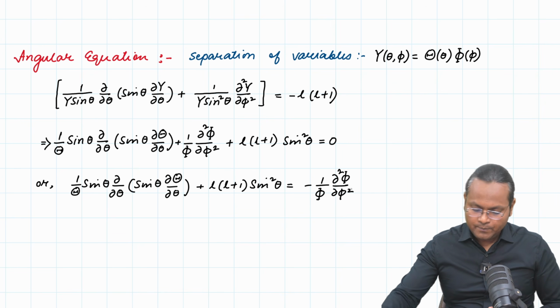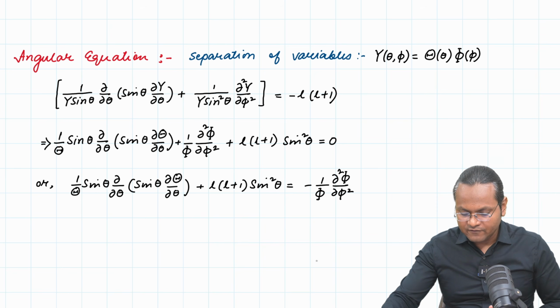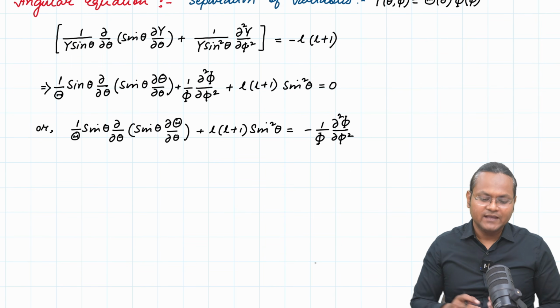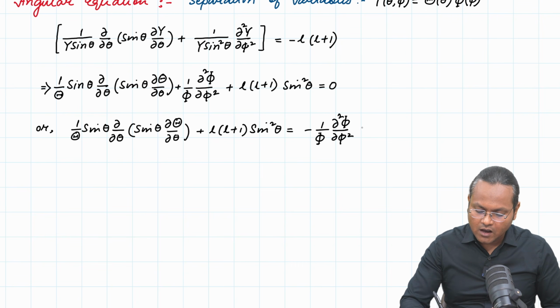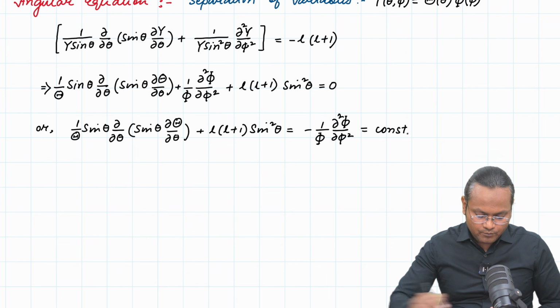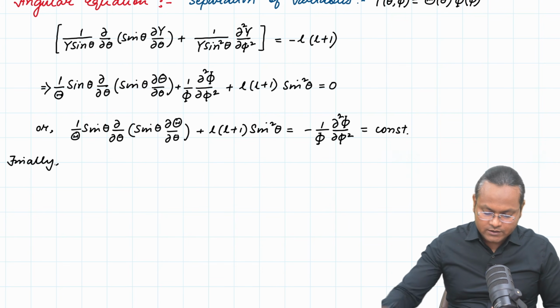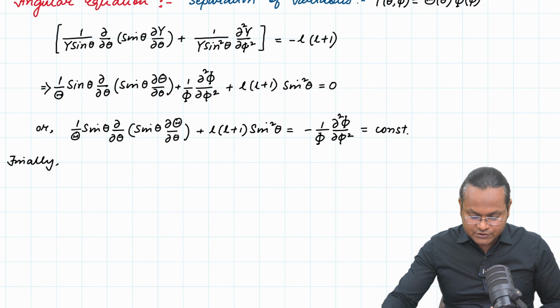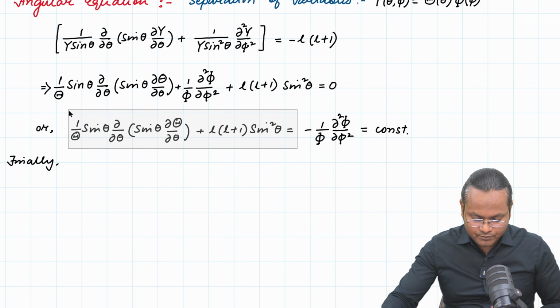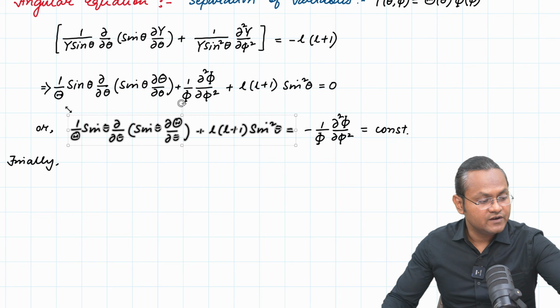And the only way the function of one variable and a function of another variable which are independent can be equal is if they are equal to some constant. So now we end up getting two more differential equations. One is the theta part of the differential equation.